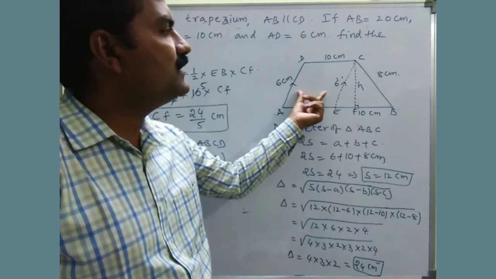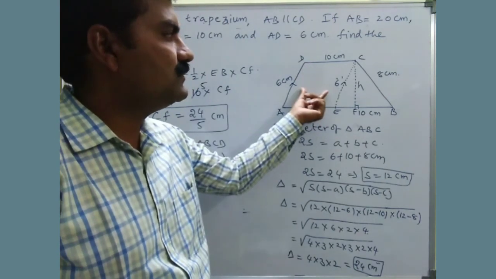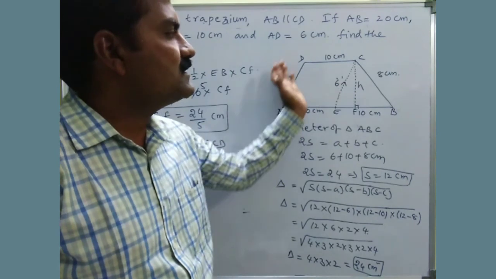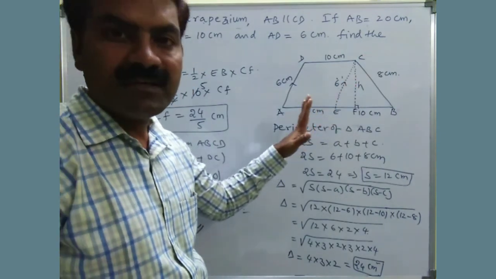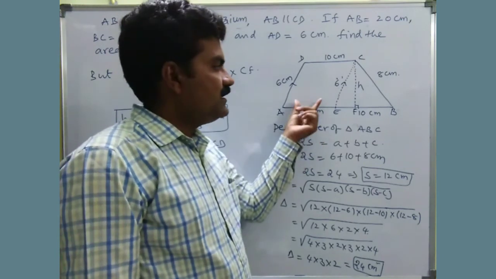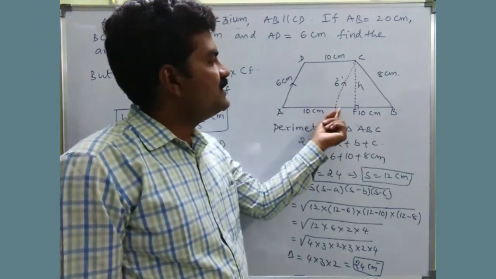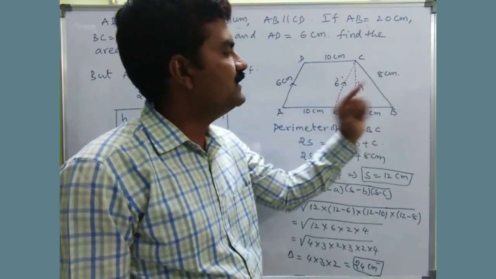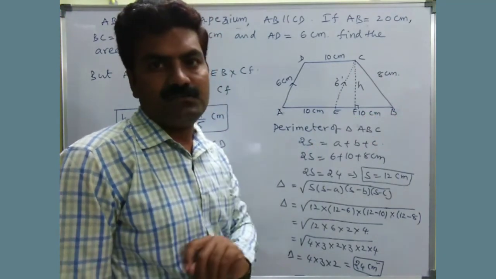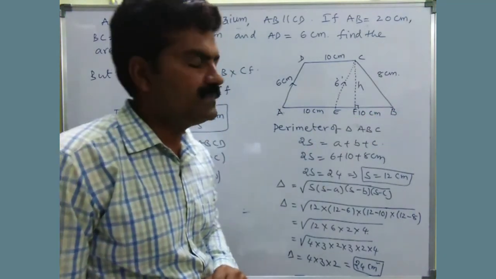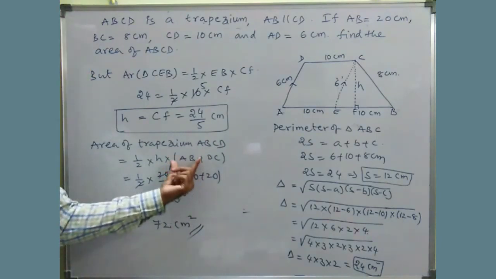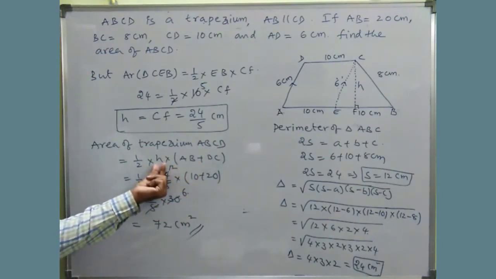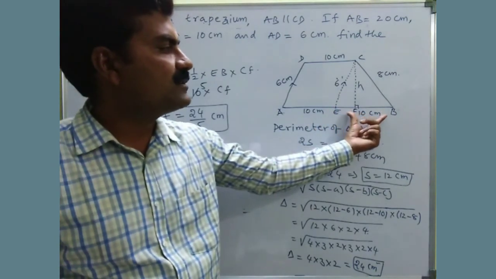Or else you can also try, since I already know the area of this triangle, you can also find out the area of this parallelogram. No need of finding even h, because the entire area of this trapezium can be written as the area of parallelogram AECD plus the area of triangle CEB. In that way also you can try. But my intention is that this is the formula, but here h is missing. So to find the height of a trapezium, I am using this triangle concept.